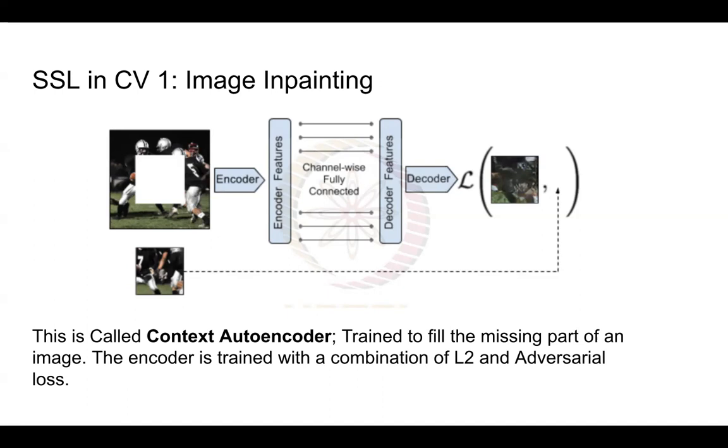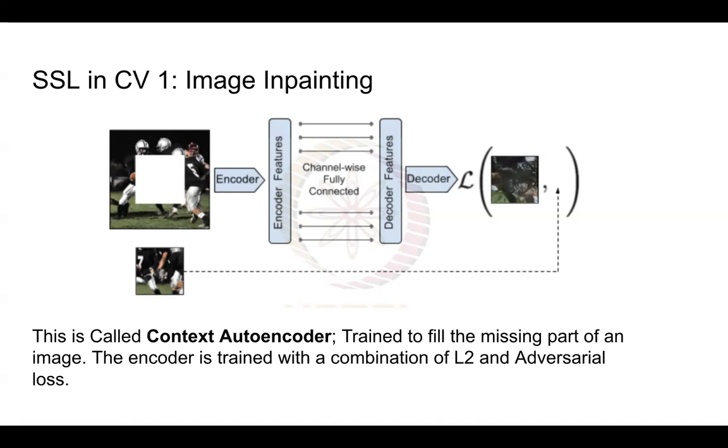Say there's an image and we have a lot of images with us, like millions, but we don't have any labels with them. But we want to learn certain patterns of these images. One way to do that is this image inpainting task.